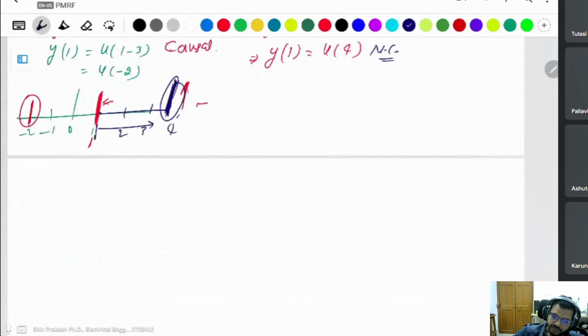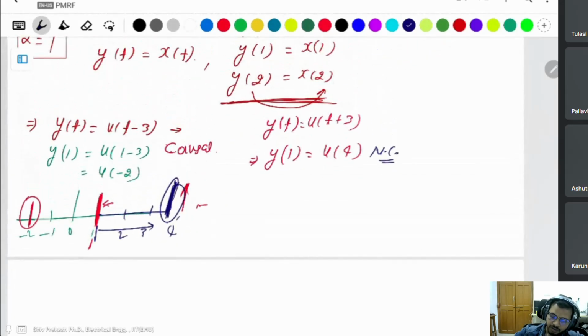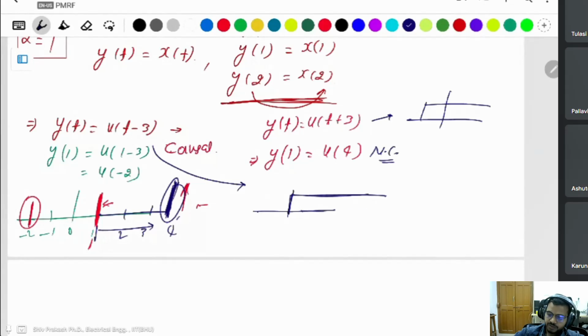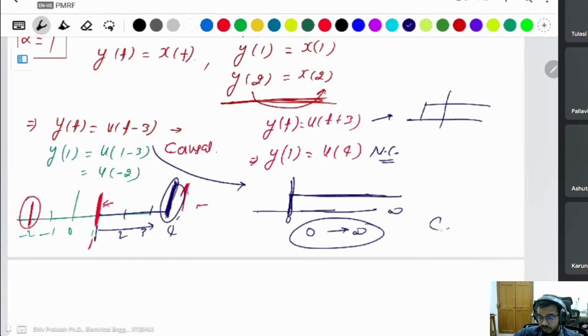In a simple way, if you plot the signal, it will be plotted from 0 onwards. If any signal starts from 0 and goes to infinity, this type of signal will be a causal system.